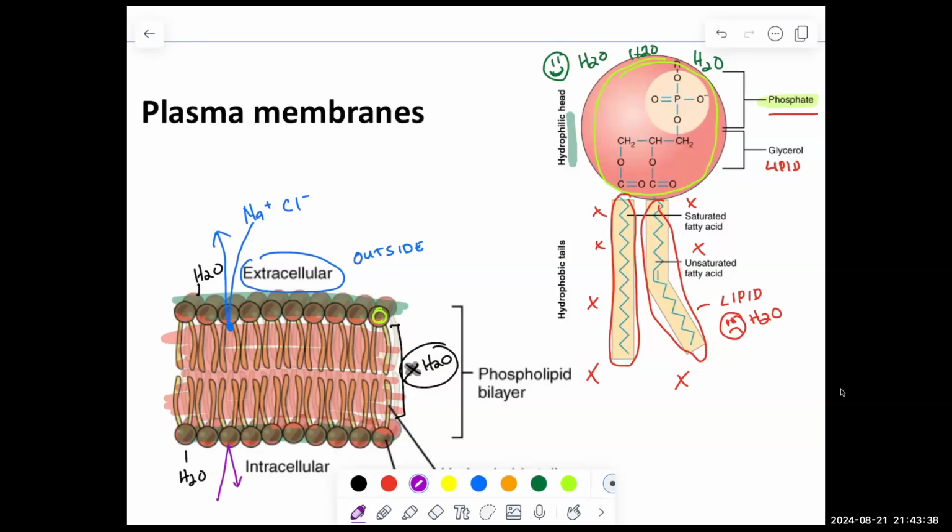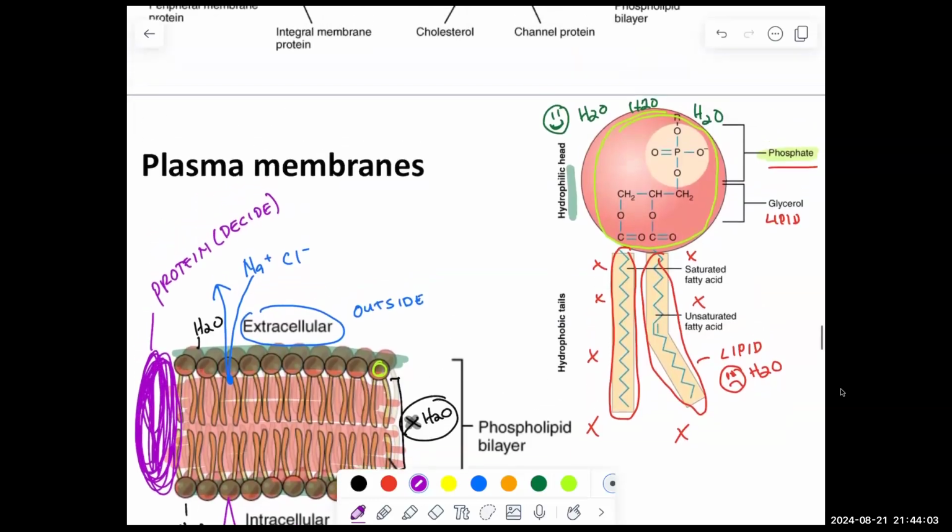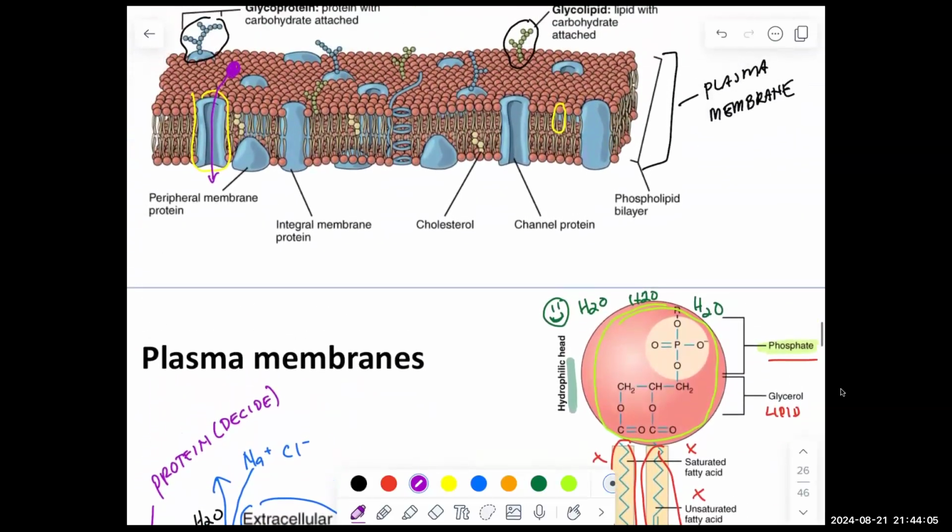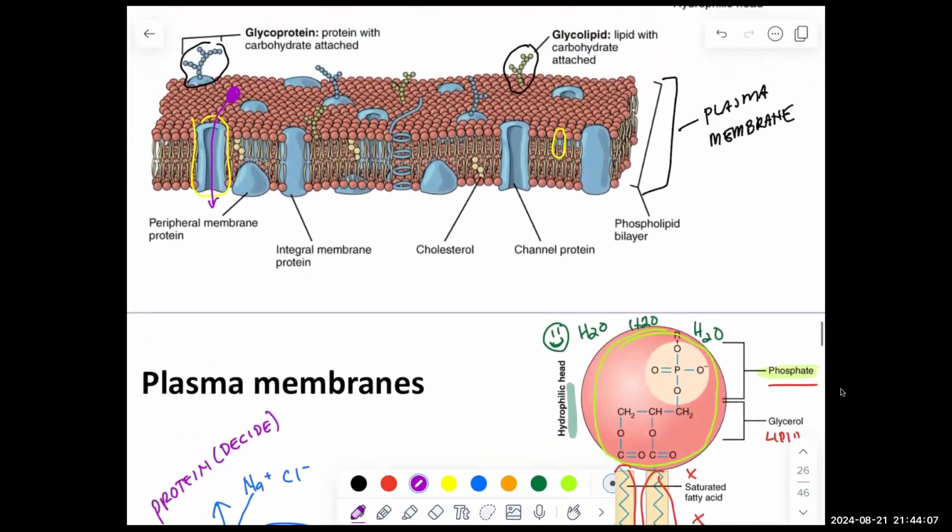The only way things can go in, things can go out, is if there is a protein embedded right here, and that protein can decide what goes in, what goes out. So that's why in this image before, you can see that there's a ton of different proteins.